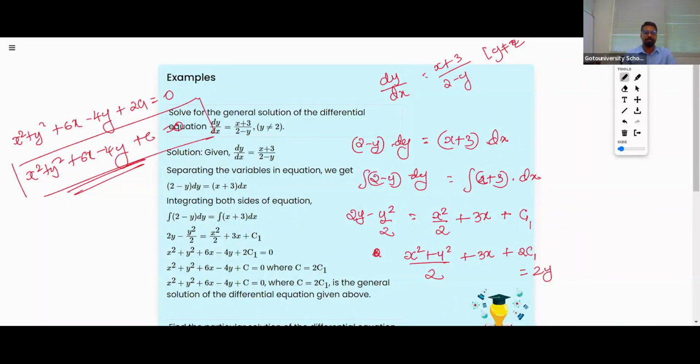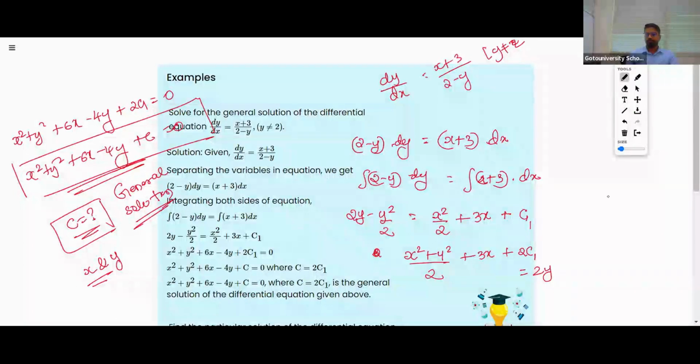Why is it called the general equation? Because I don't know what c is. How will you find c? By knowing the values of x and y, we can find c. As we don't know the values of x and y, I can stop at this part and call it a general solution because I don't know the value of c. Am I right? Is it clear to you? Yes.